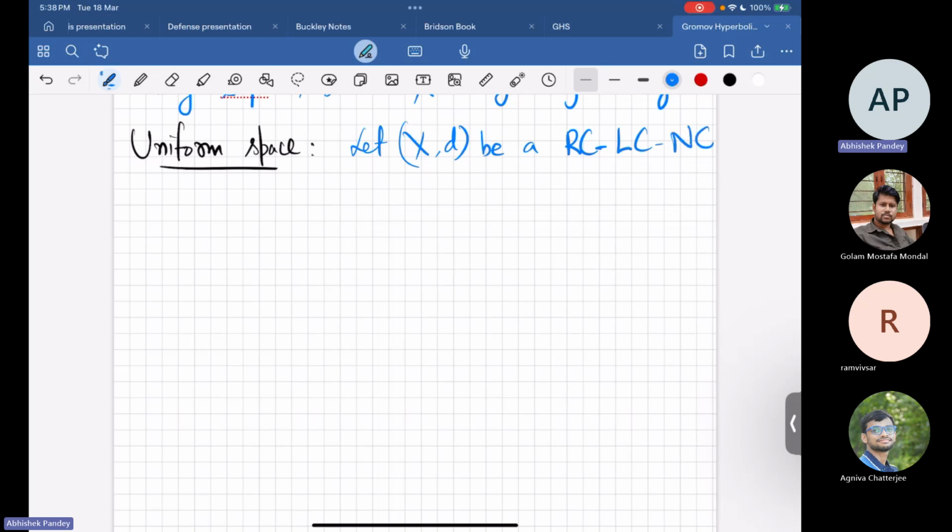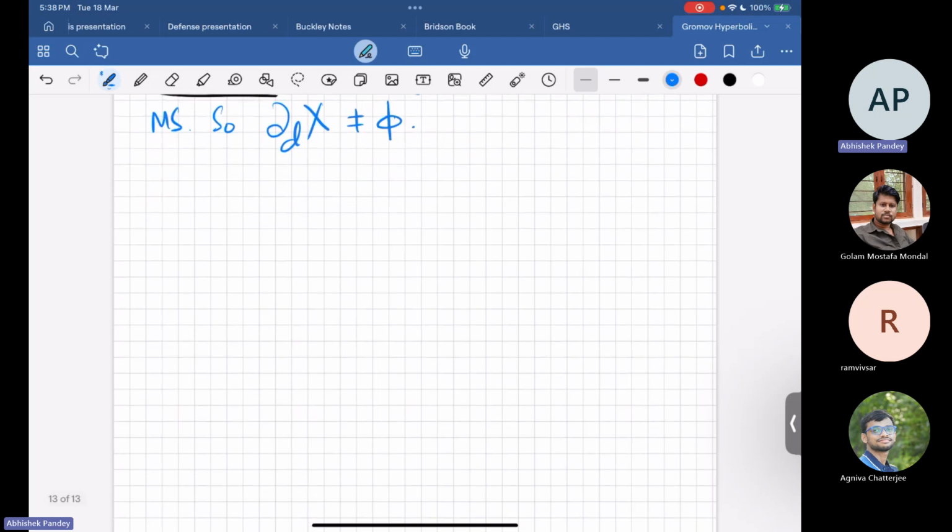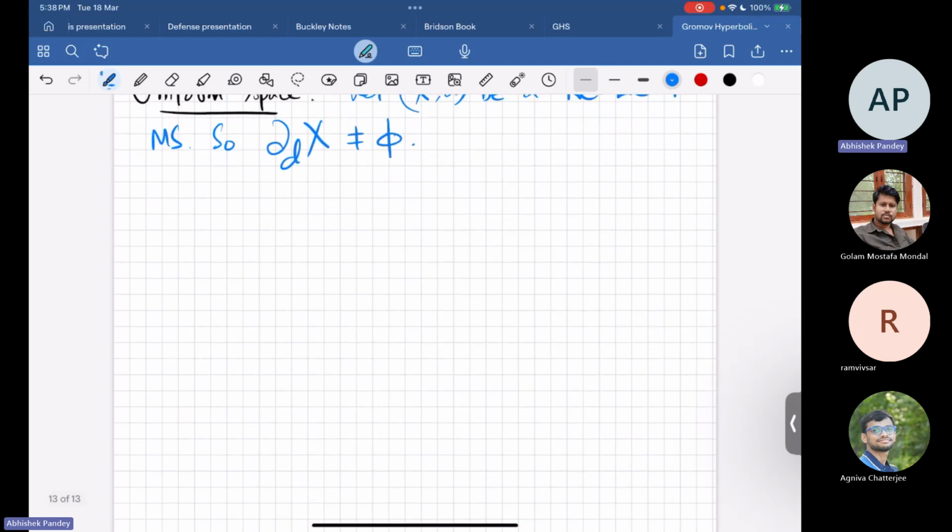I'm assuming all this because for a complete metric space, the metric boundary would be empty; here the metric boundary is non-empty, and hence we can define the quasi-hyperbolic metric on it.